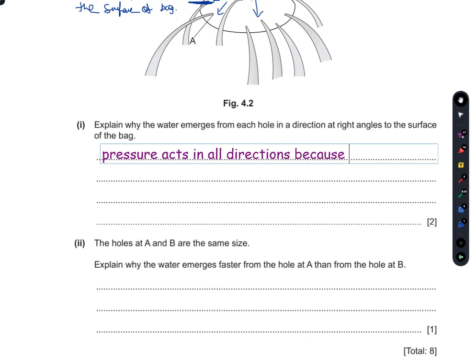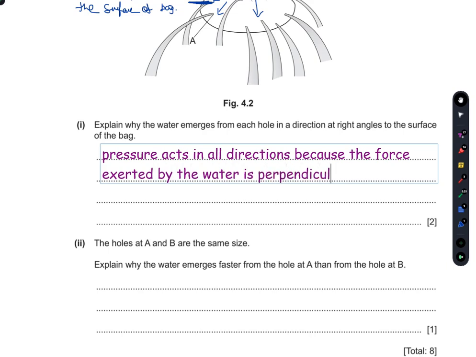because the force exerted by the water is perpendicular to the surface of the bag.